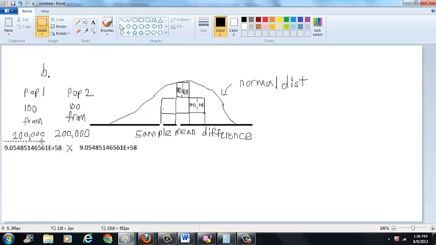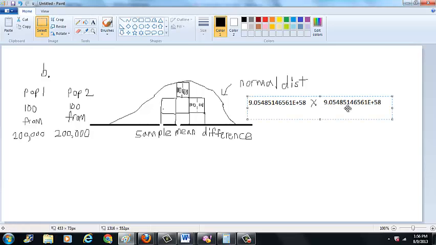So basically just take this and use this as your number of combinations that are in here.